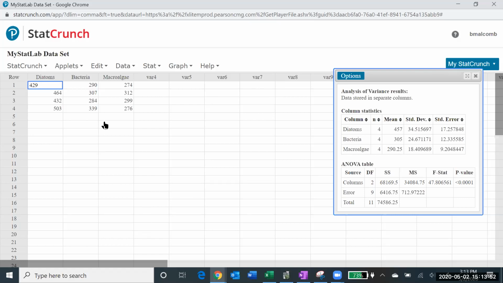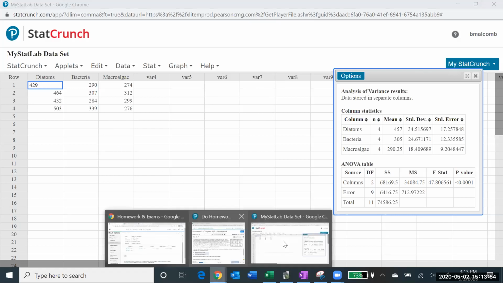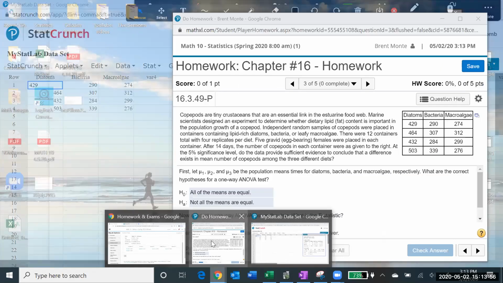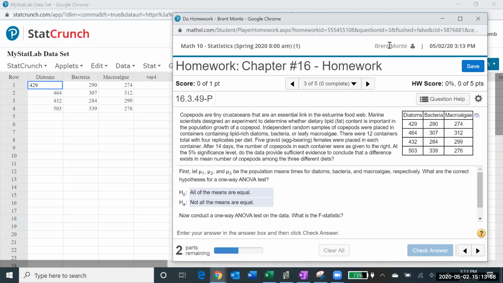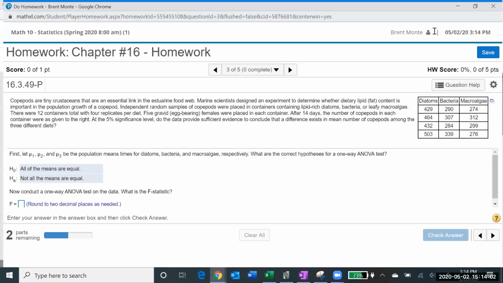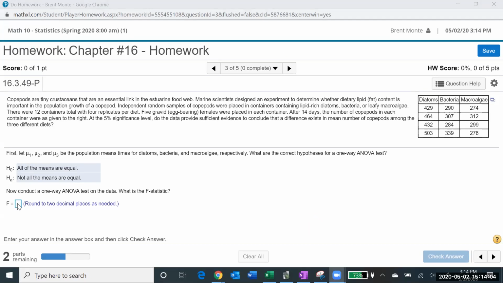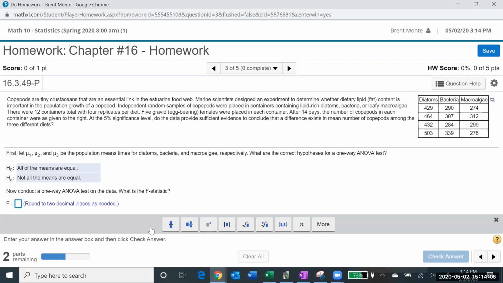Let's click here and open up the homework. Okay, so here's our homework. Let's make that full screen so you can see it. The F value, well, let's put in what we got. I had 47 point, and then we'd go to 2 decimal places.